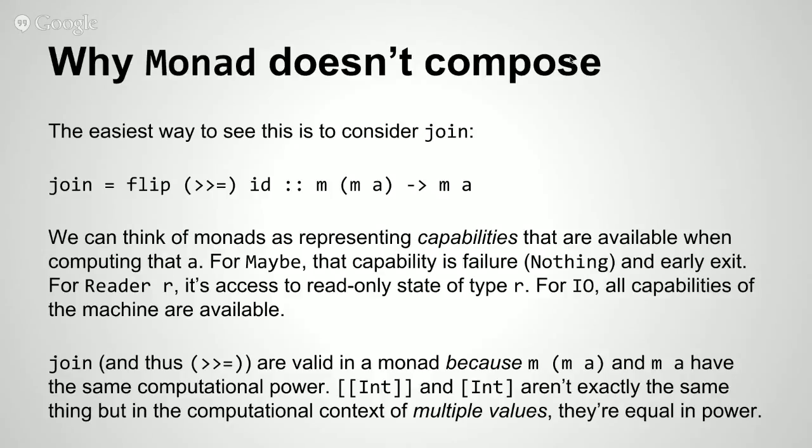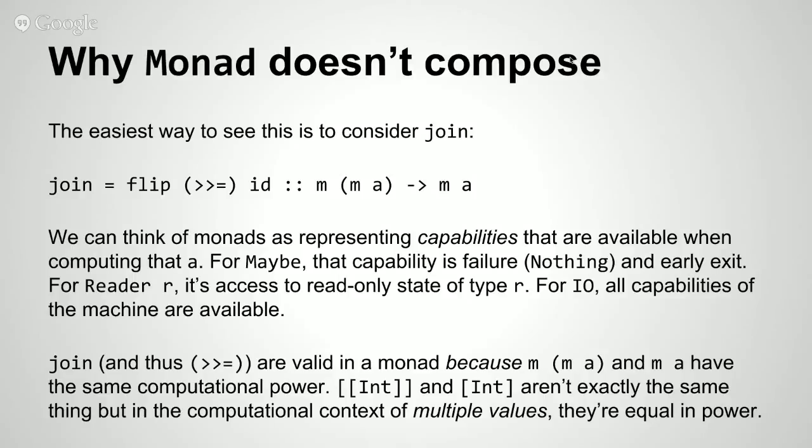For Maybe, that capability is early exit, it's failure. I get a Nothing, I'm done, computation's over. For Reader R, it's access to read-only state of type R. For State S, it's access to read-write state of type S. And for I/O, we're saying, okay, all of the capabilities of the machine are available in computing this value.